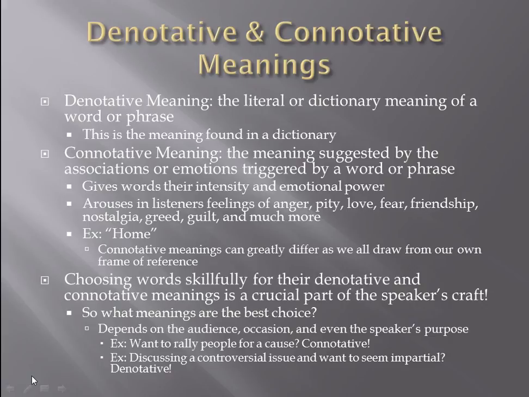So while I think of the word home and I think of it being a warm and cozy and comforting and loving place because that's my frame of reference for it, your frame of reference might be totally something different. For instance, perhaps you grew up in a very unstable home environment and perhaps you had to move a lot. So your definition of home just is different than mine. Not necessarily in a negative way, just different. And that's okay too. But that is the connotative meaning of a word.